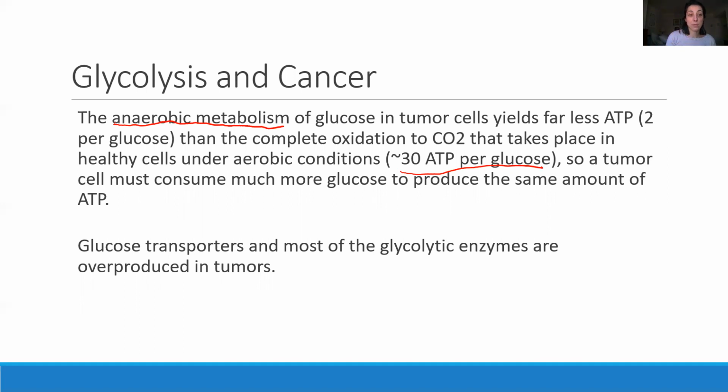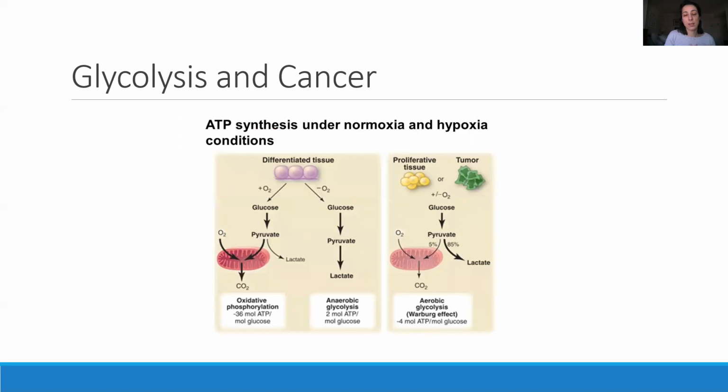Anything that you need to get glucose into the cell or to break it down in glycolysis are usually way, way, way overproduced in cancer, because cancer is so reliant on this glycolysis pathway to get its energy. And it has to be doing it all the time and more often than most cells.